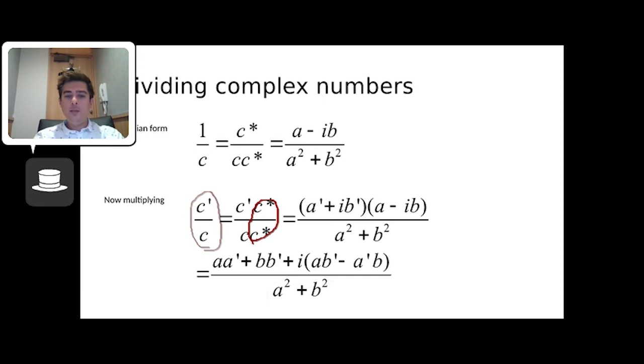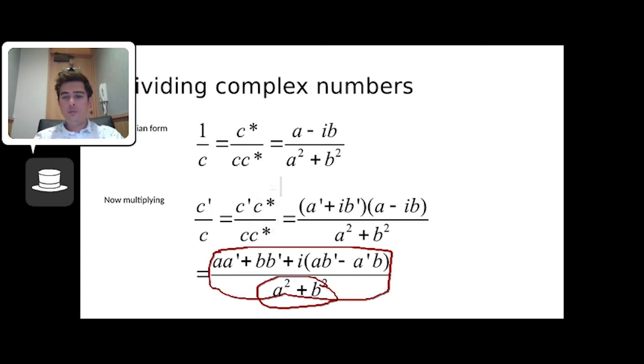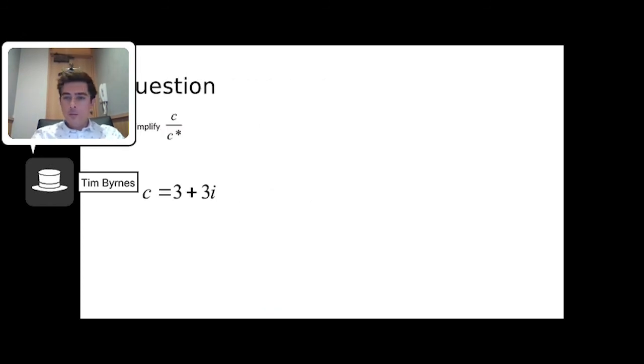Just by doing the same kind of algebra, I can get an expression where there are no complex numbers on the bottom, and the complex number is purely on the top. So this is just an equivalent way of writing it, which is sometimes useful.